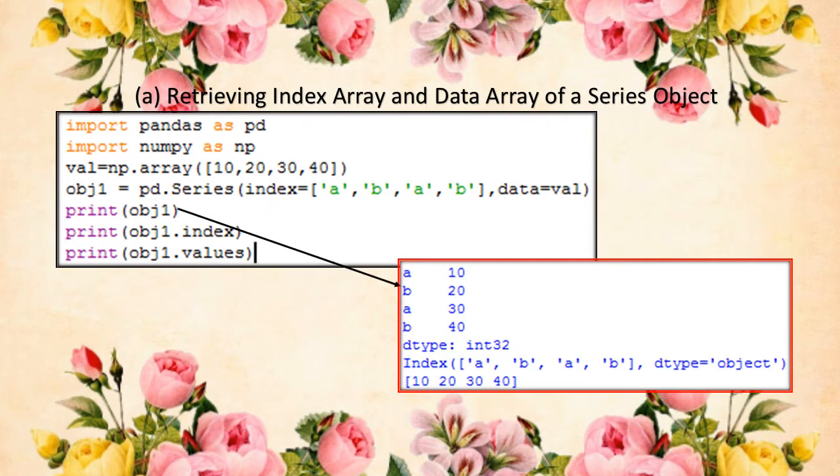Next I use the index attribute, so it only displays the indexes in the series object, a b. Next values, so what are the values available in this series object: 10 20 30 40 is displayed.